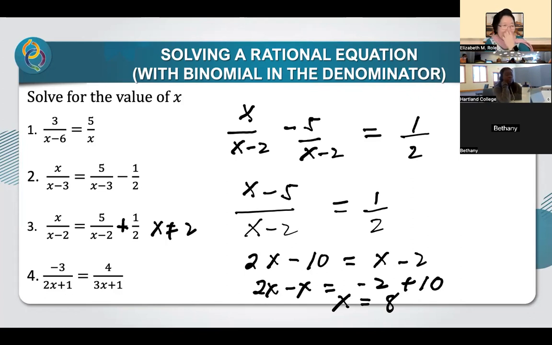Please just do number 2. Answer. The negative thing is very confusing. Bethany, you got the answer for number 2? Not yet.